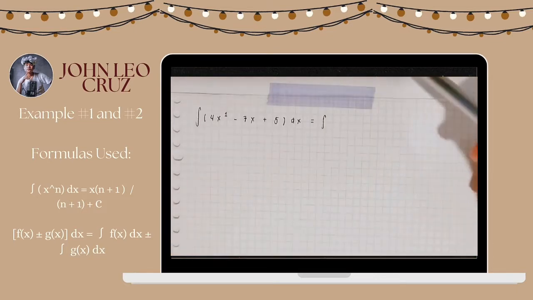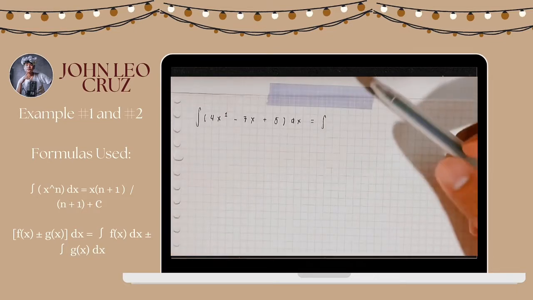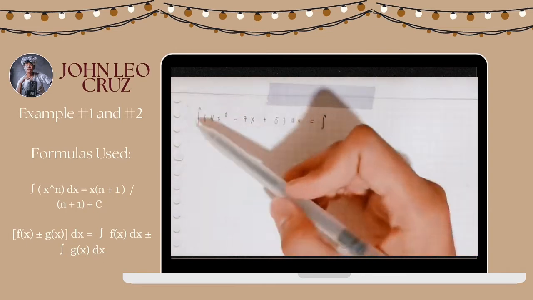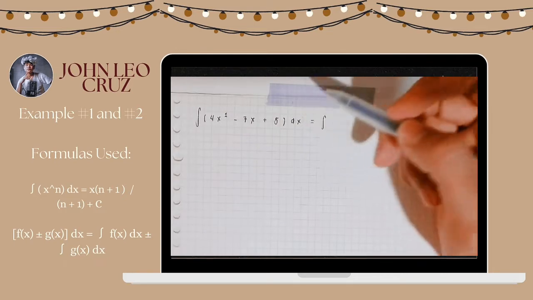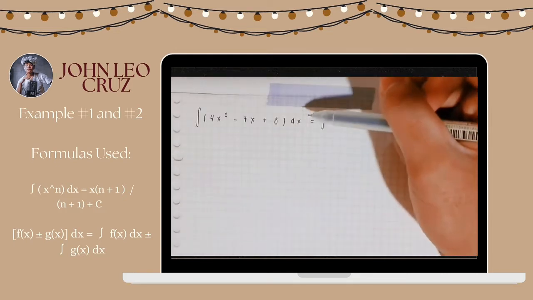Let's proceed to our second example. Here we are given the integral of 4x squared minus 7x plus 5 times dx.